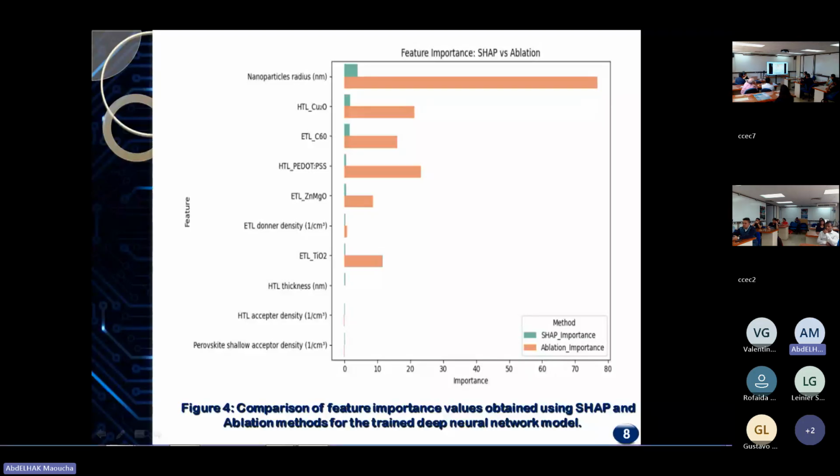Nanoparticle radius had the strongest influence on the short circuit current predictions, followed by the type of HTL and ETL materials. Figure 4 demonstrates that the proposed deep learning approach not only provides accurate predictions, but also yields interpretable insights that can inform material selection and device design in perovskite photovoltaics.